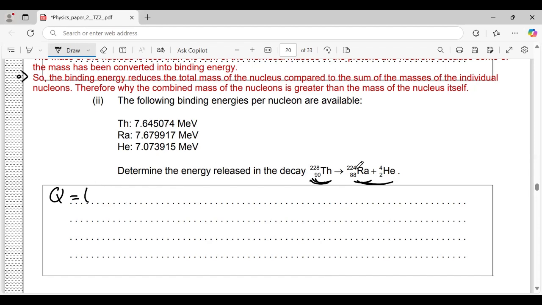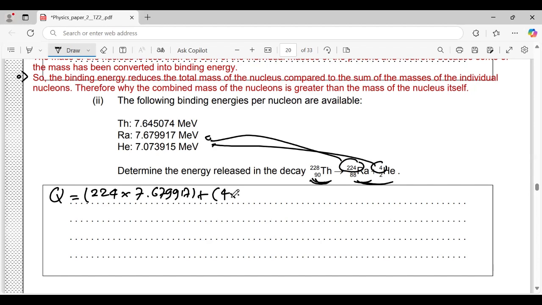The energy release: radium, 224 times its binding energy per nucleon, plus helium, 4 times its binding energy per nucleon, minus thorium, 228 times 7.6.